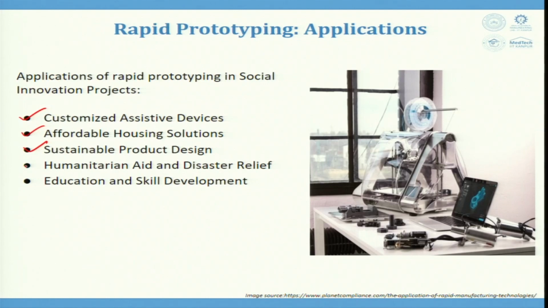Then humanitarian aid and disaster relief. Medical equipment or temporary shelters in the case of crisis situations, and in the construction industry, are also sometimes 3D printed. Education and skill development, that is to enhance hands-on learning experiences and to promote innovation in educational settings. We can see nowadays almost all the engineering colleges have 3D printers with them.